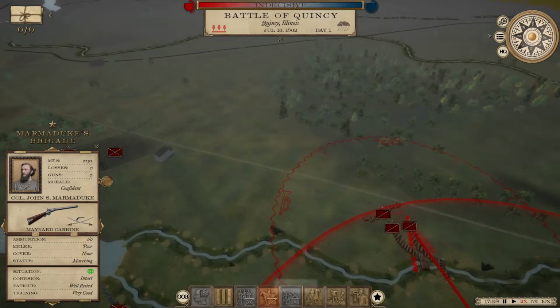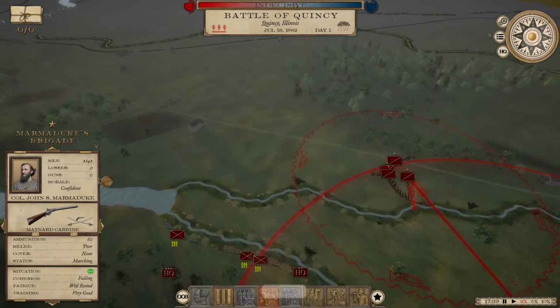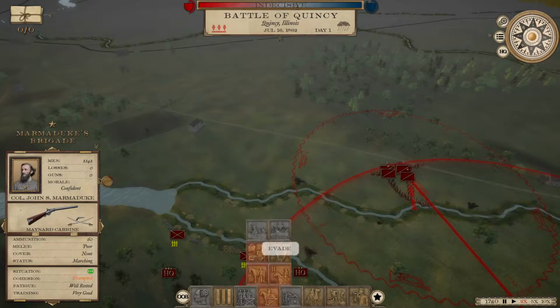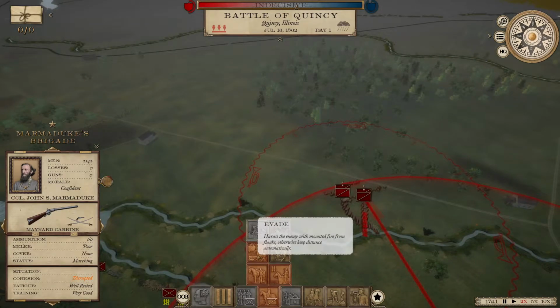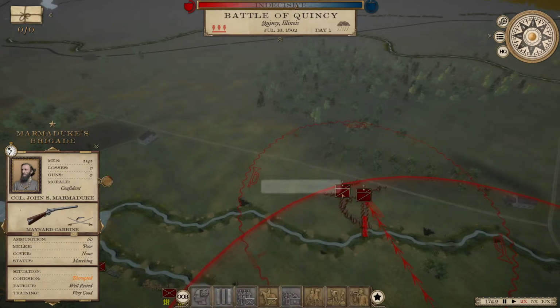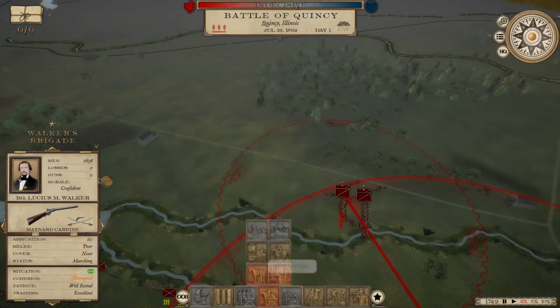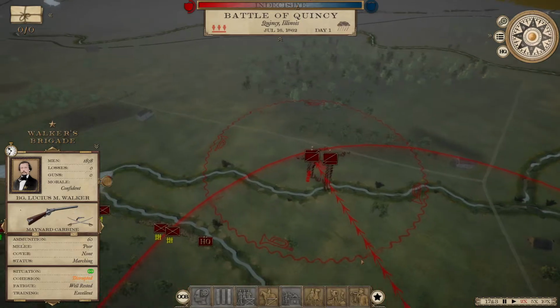I also usually, if we're going to give them both scouts just for the heck of it, we can. One of the things I tend to do with scouts is also give them evade, so that we're not getting involved in melee when we're really not ready to.